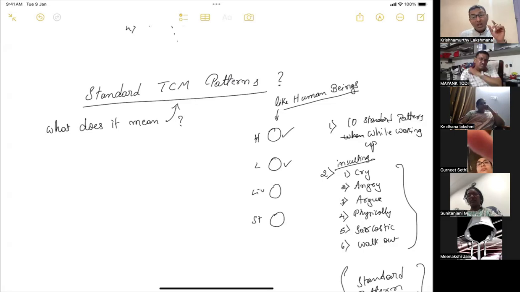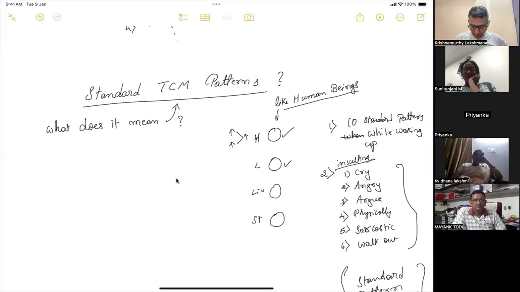Okay. Similarly, heart: when fire increases, it will behave in one way.